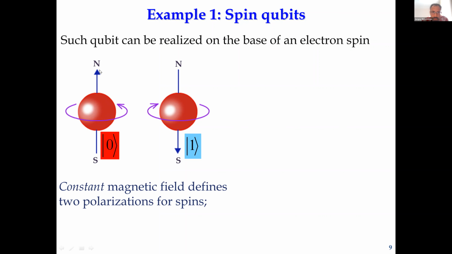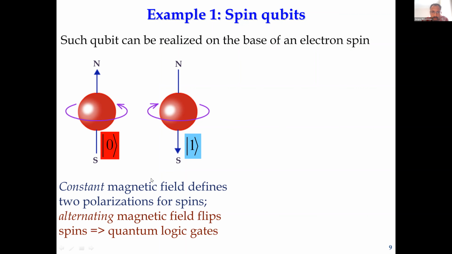If a constant magnetic field is applied, it can be used to make it polarized in one of the 2 directions. If we further apply an alternating magnetic field, it would flip it, and thus quantum logical gates, for instance from 0 to 1, this is an X logical gate, can be implemented.